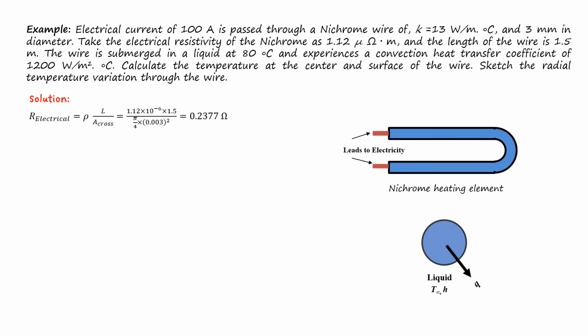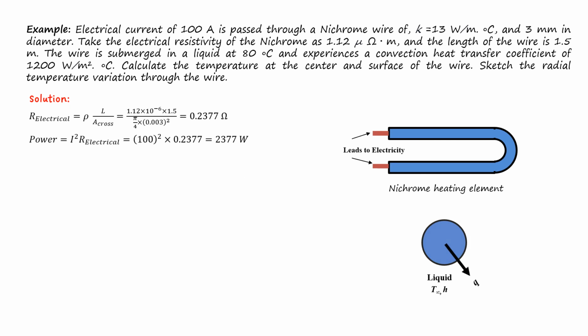The electrical resistance of the wire is equal to rho times L divided by A, the cross-sectional area of the wire. If we substitute the value of rho, which represents the electrical resistivity of the nichrome, then we will get the resistance to be 0.2377 ohm.